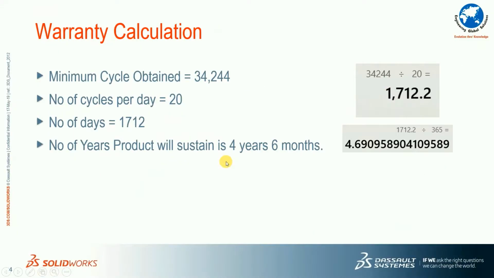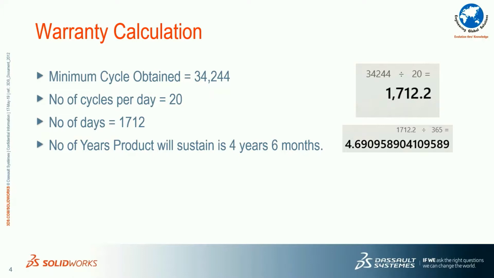So I had done a small warranty calculation. By fatigue we can predict how long my product will be sustained, so we can suggest the warranty time of our model. In this study we had obtained 34,244 cycles. Let us assume that each day we have 20 occurrences of this load case acting.